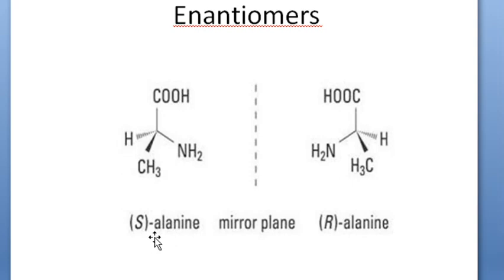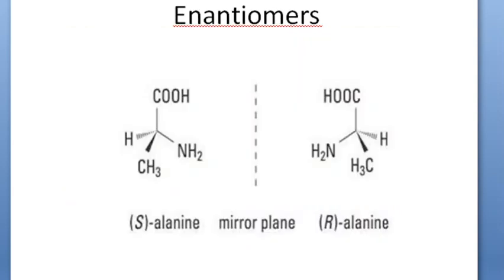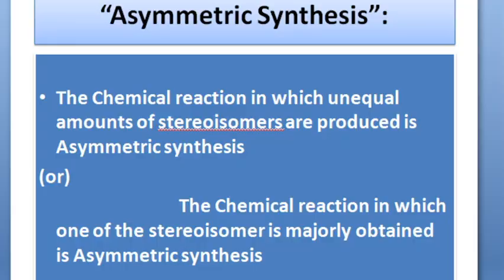If one of these is chiral, then you can synthesize one of the isomers in more proportion, S isomer or R isomer, need not be alanine, you can synthesize one of the isomers in major. If one of the diastereomers or one of the enantiomers is synthesized more in proportion, then you classify such reactions as what? Asymmetric reactions.